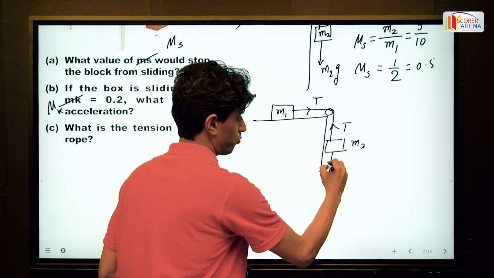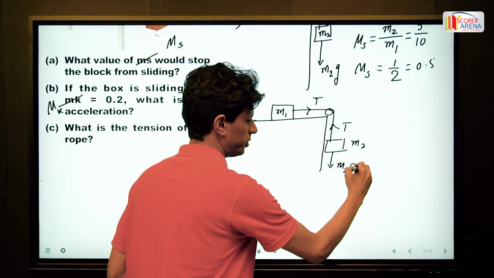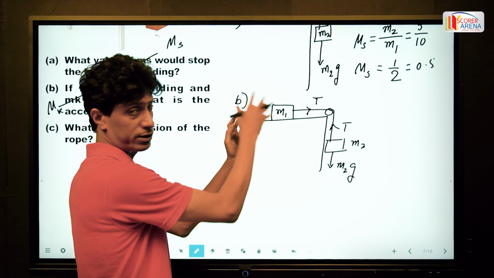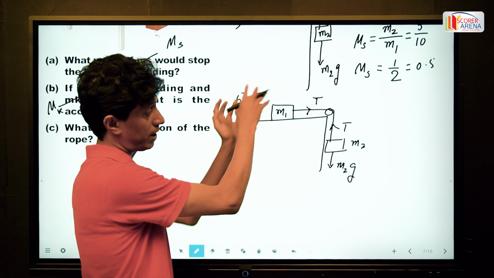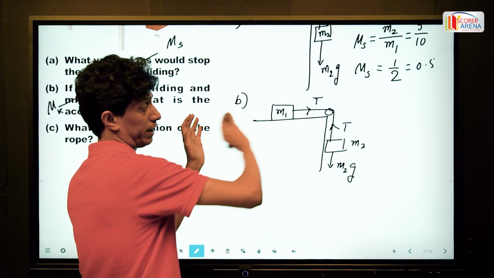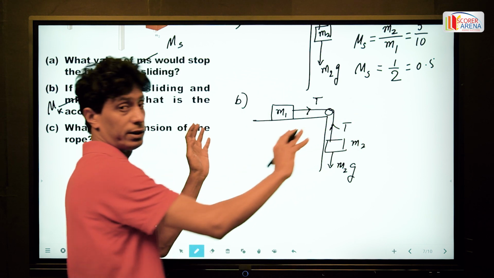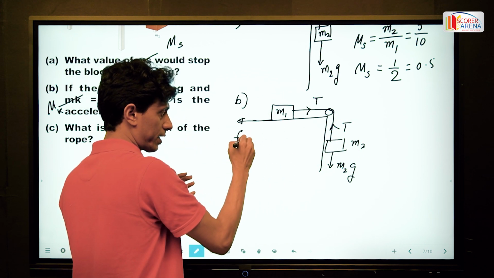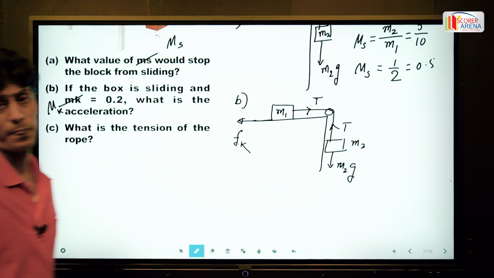This is M2G. Since the system of bodies is in moving condition and this body is moving rightward, the friction here is kinetic friction.